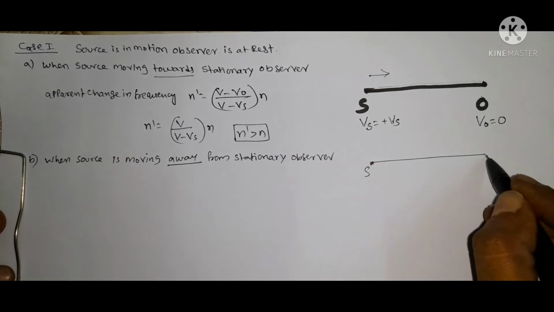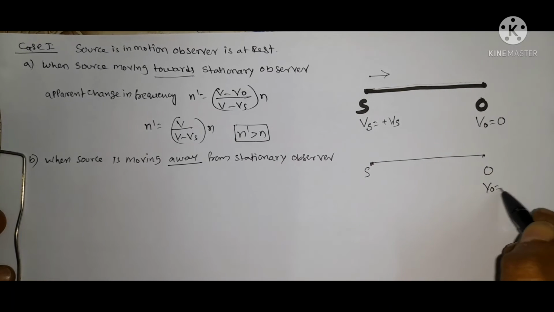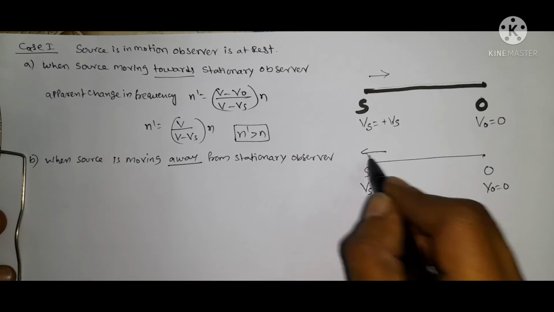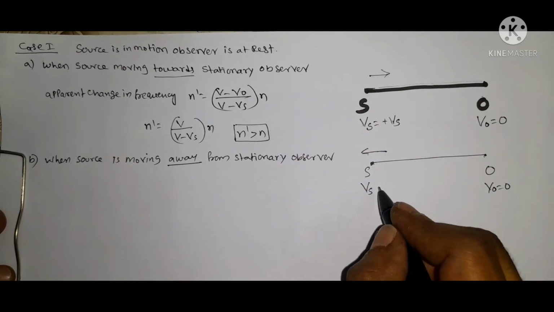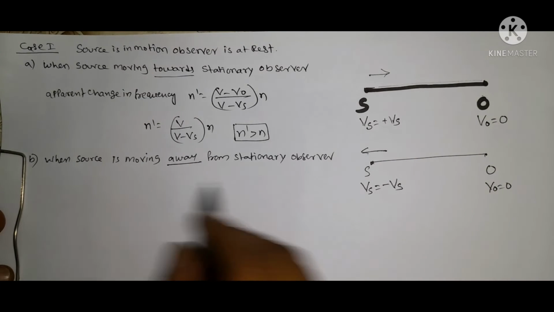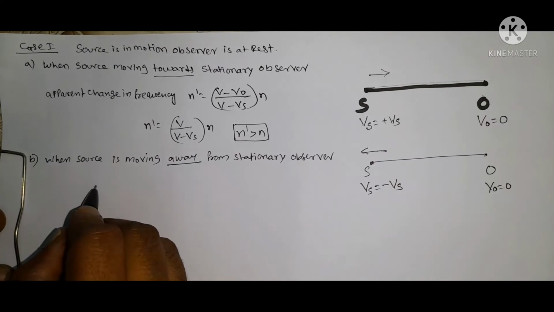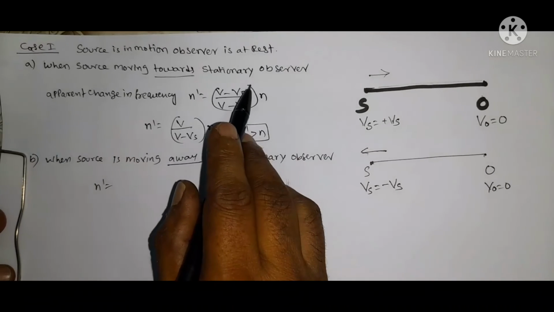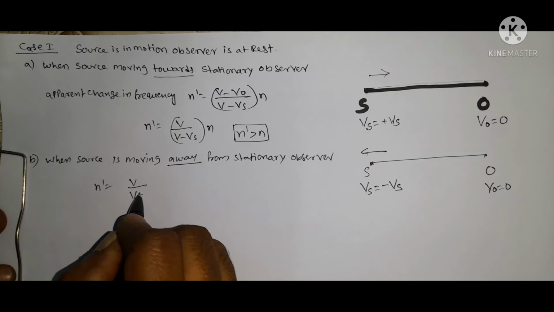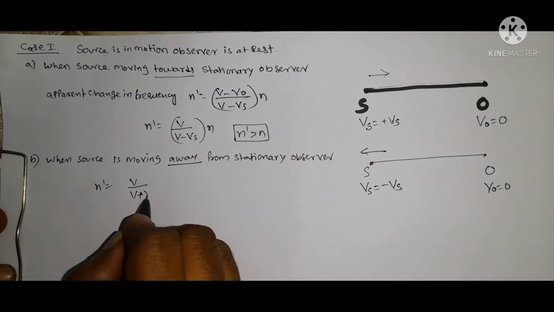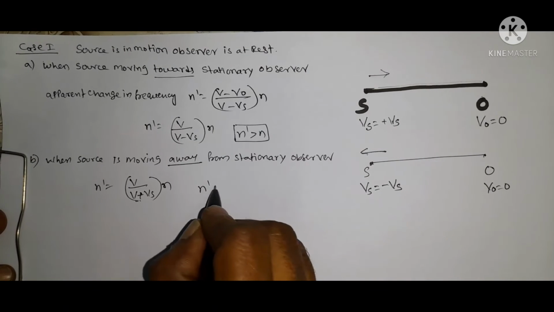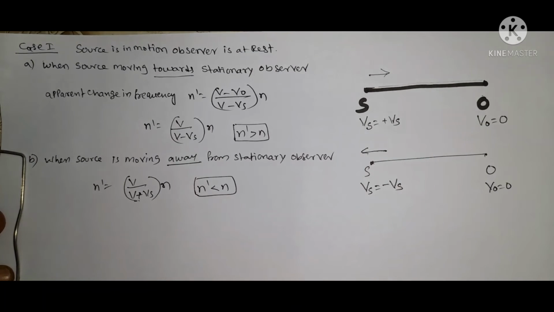This is the source, the observer is at rest, and the source is moving away in this direction, so the velocity is minus Vs, the negative axis. Substituting the values, you get n dash equal to V by V plus Vs into n. So the denominator is more, that means n dash is less than n. This is case 1.